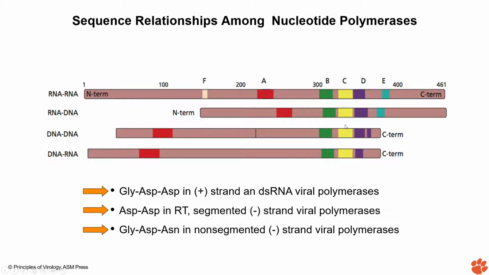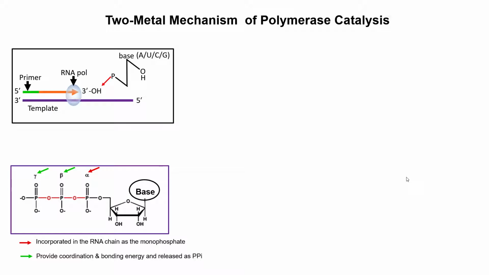The active site contains these motifs, the GDD in RT. So that's the overview of the motifs, and usually we ask about the GDD, the glycine aspartate motif. So here we are looking at how polymerase catalysis actually happens.